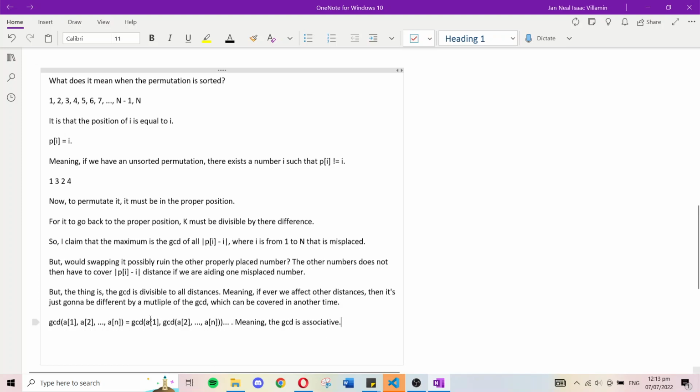So you can always just take the GCD of one number and the other groups of numbers, the total GCD of that. So we can always pairwise take the GCD.